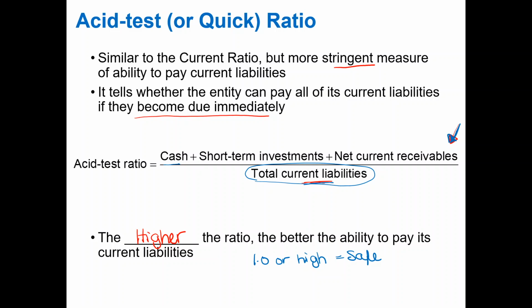But it's actually in reality unlikely that all of your current liabilities would become due at once. So for this ratio, even down to 0.7 to 1.0 is still fair.